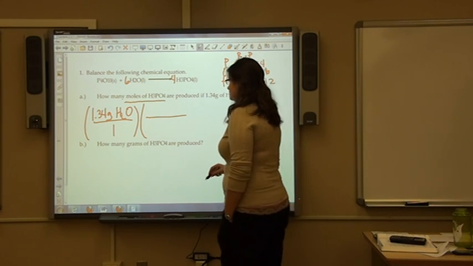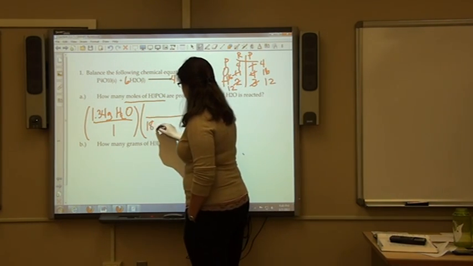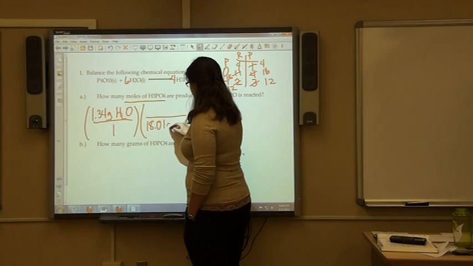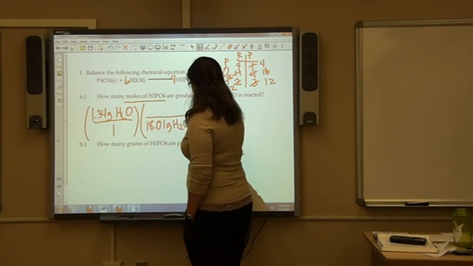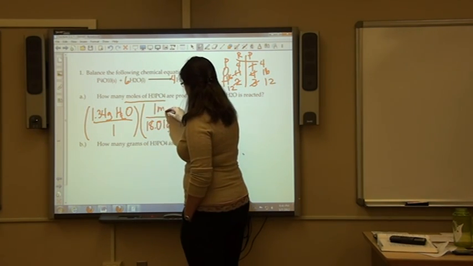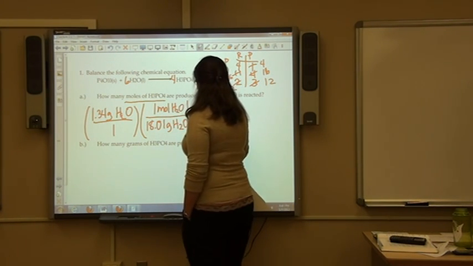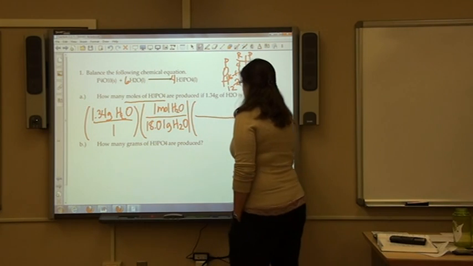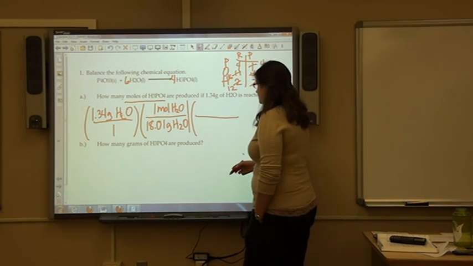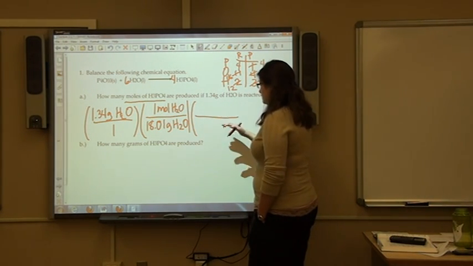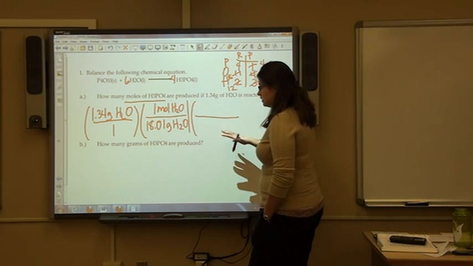Then we have to calculate the molar mass. 18.01 grams of H2O per 1 mole H2O. Alright, so then the third bracket is your stoichiometric coefficient.